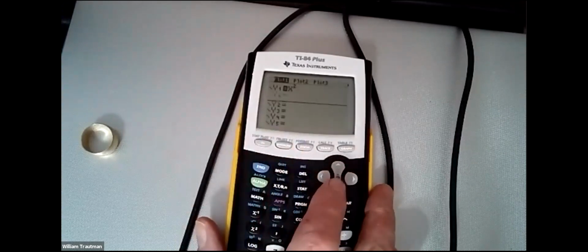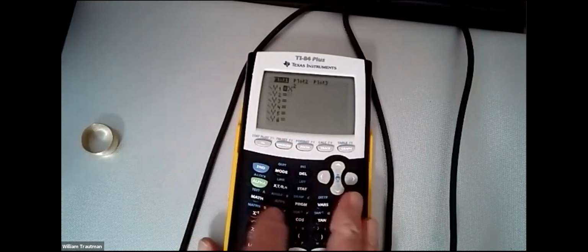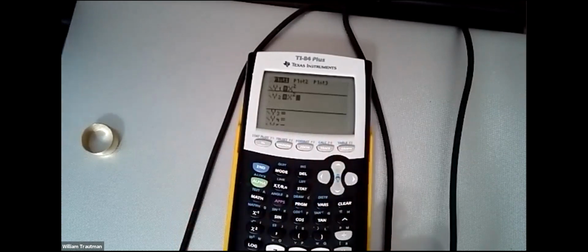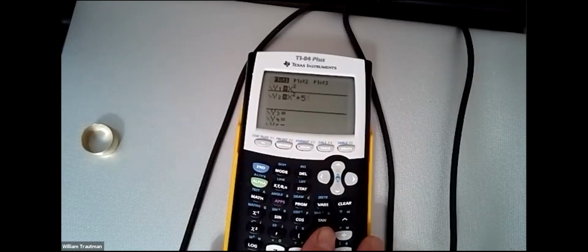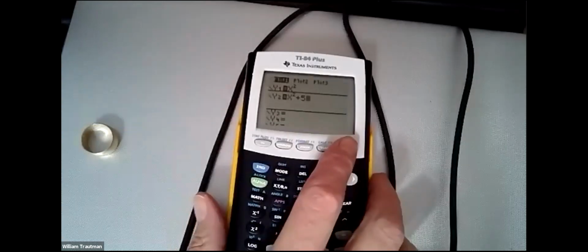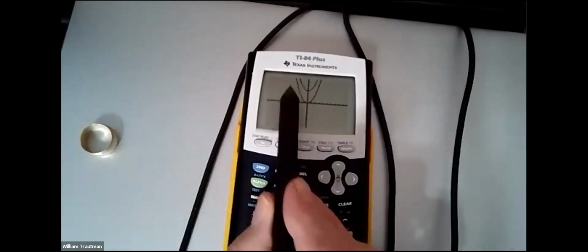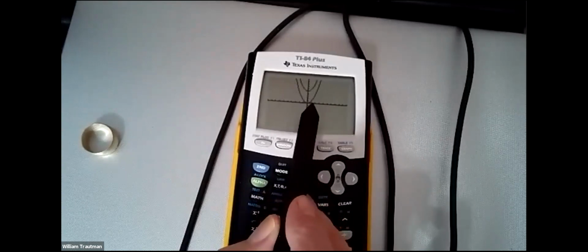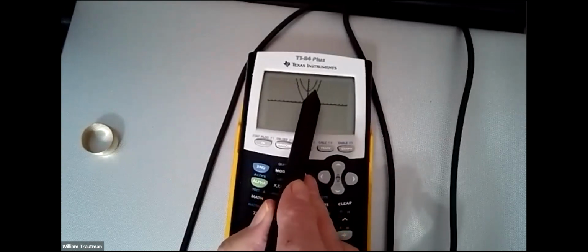Right next to it, I'm going to graph x squared plus 5. I don't expect you to be able to do this, but I just want you to see what it looks like on my calculator with a plus 5 on the outside. There's my original, and there's what a plus 5 does to it. A plus 5 raises the graph up 5 spots.